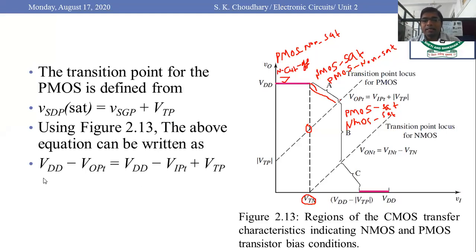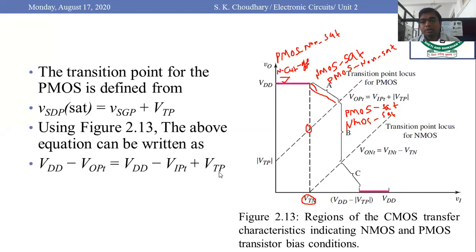So VDD minus VOPT is equal to the combination of VSGP plus VTP. VSGP is what? The input voltage of the PMOS transistor at the transition point. So at that position, whatever the input voltage of PMOS, that is VDD minus VIPT, plus VTP.